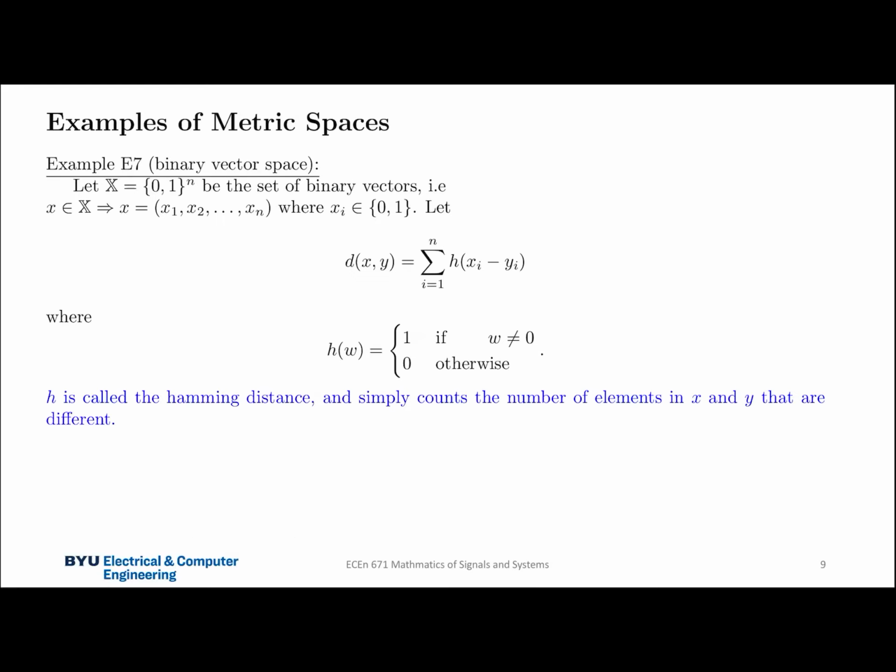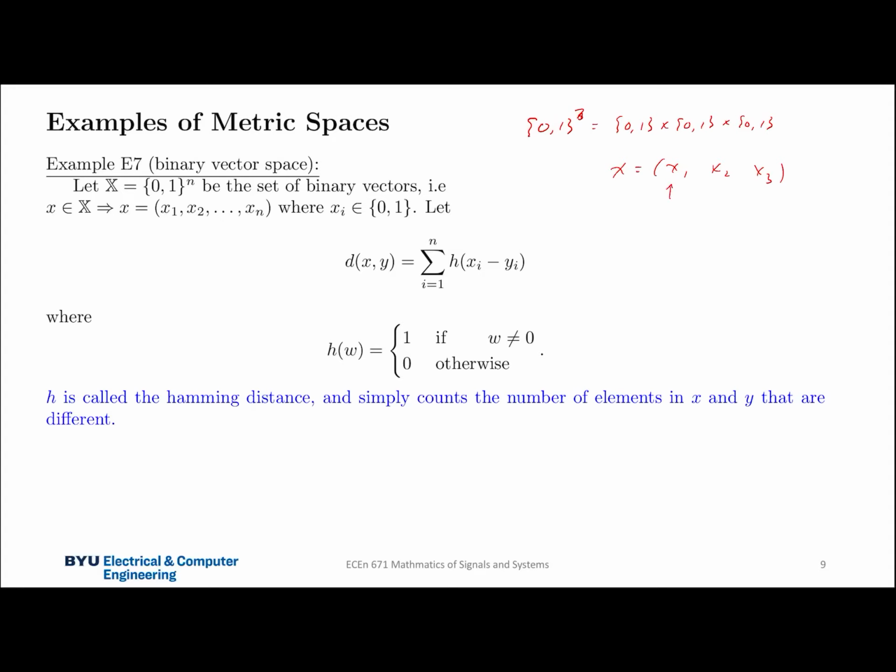Another example of a metric space that is actually quite useful is the set of binary vectors. So let X be this. So what do we mean by this notation? This means {0, 1}^n is {0, 1} Cartesian product {0, 1} Cartesian product {0, 1}, meaning it's a 3 vector, let's say if this is to the 3, this X would be X1, X2, X3.